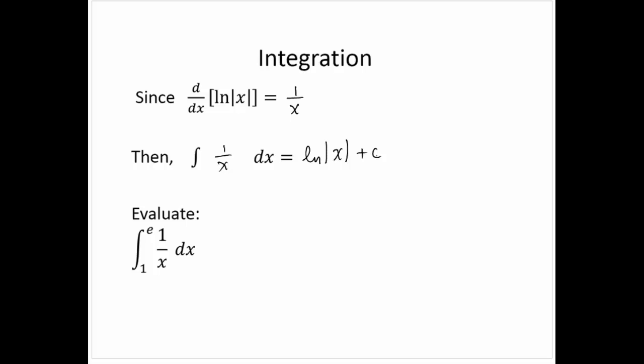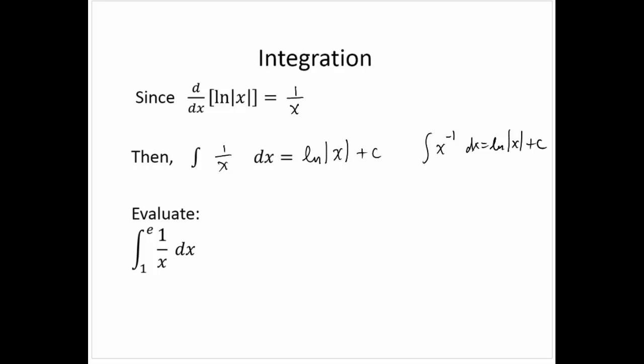And so also remember that that means that the integral of x to the negative first dx is natural log absolute x plus a constant. So we now have a new antiderivative formula. We have to keep this in mind.